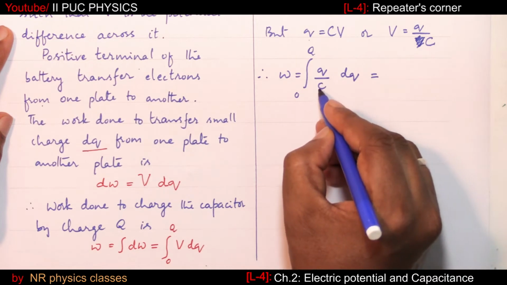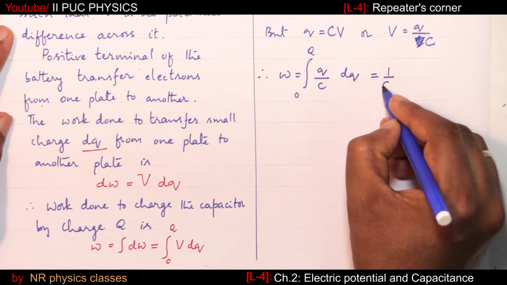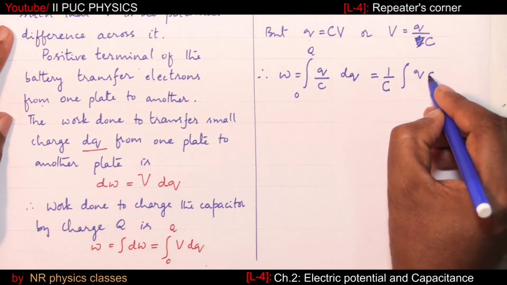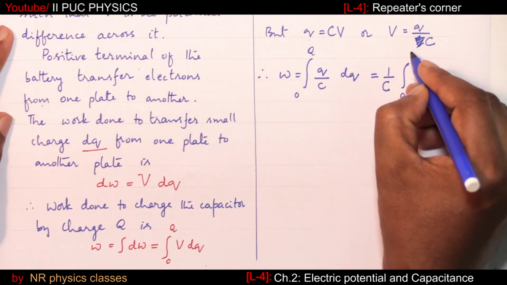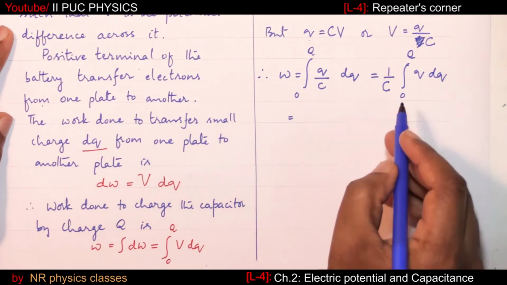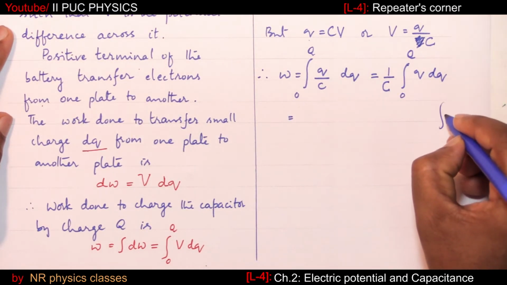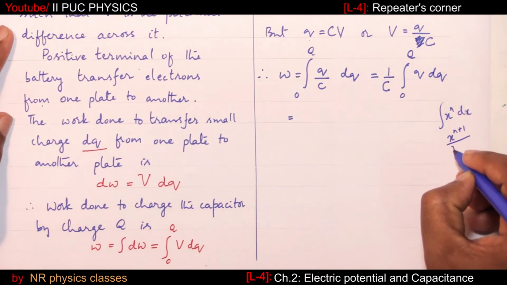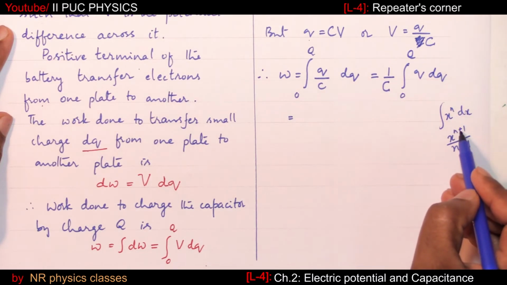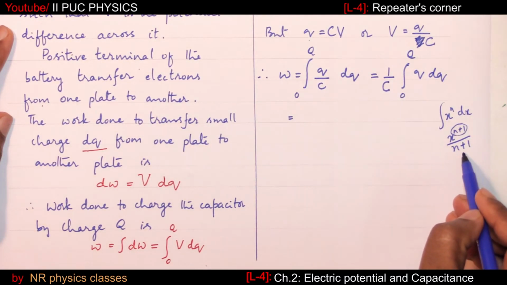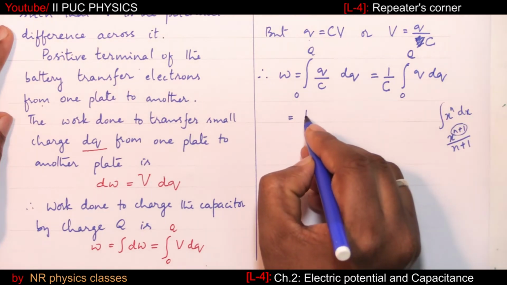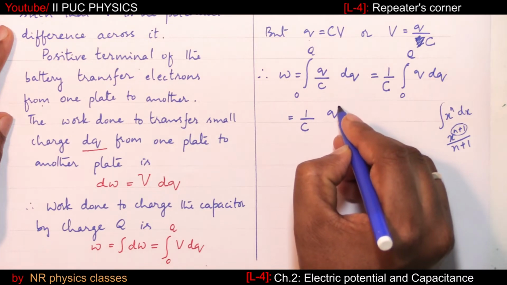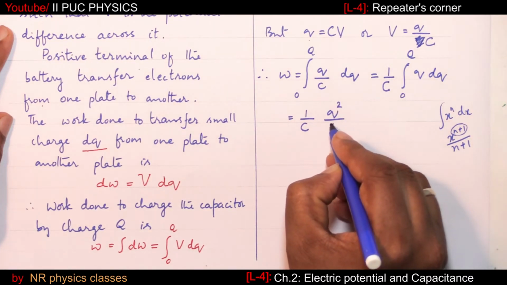Equal to 1 by C is constant. Take this outside. Integration of Q into dq from 0 to Q equal to integration of x to the power of n into dx is x to the power of n plus 1 by n plus 1. Increase the exponent by 1, write the same exponent in the denominator. Therefore, in this case, integration of q is q square by 2.